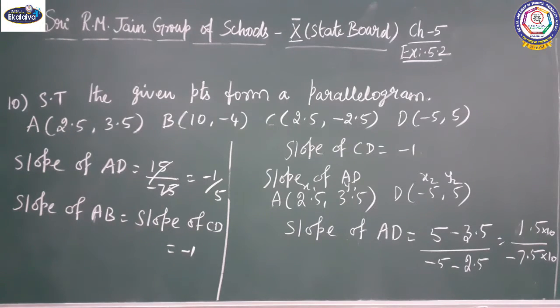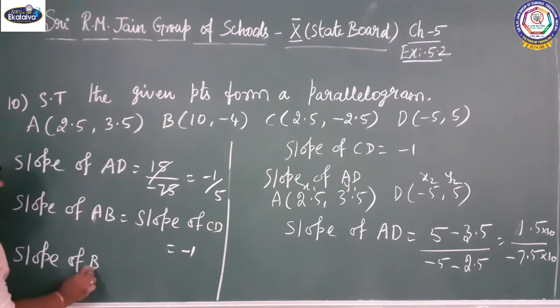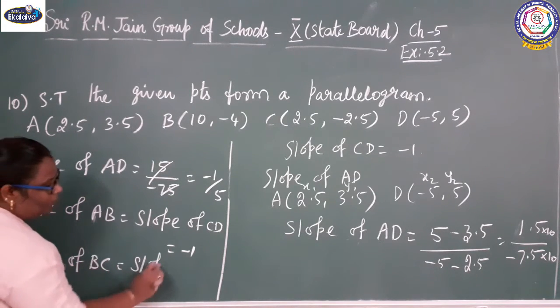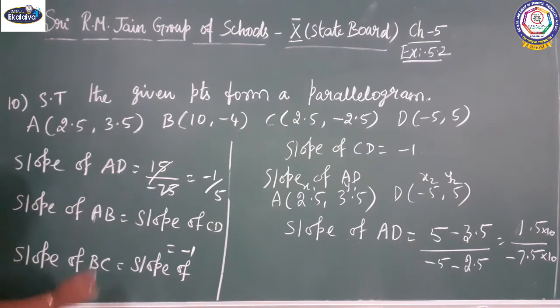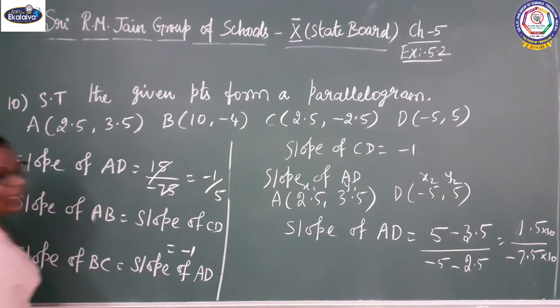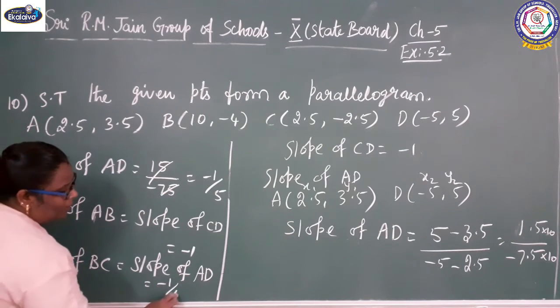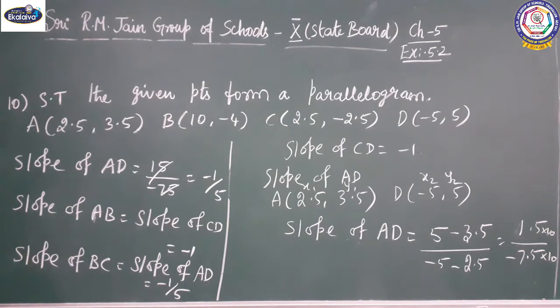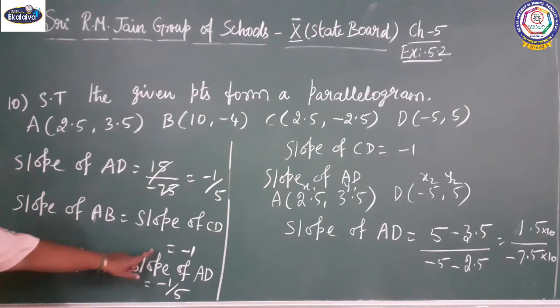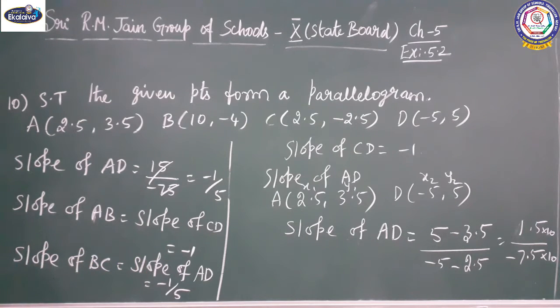Then slope of BC equals slope of AD, the value is minus 1 by 5.